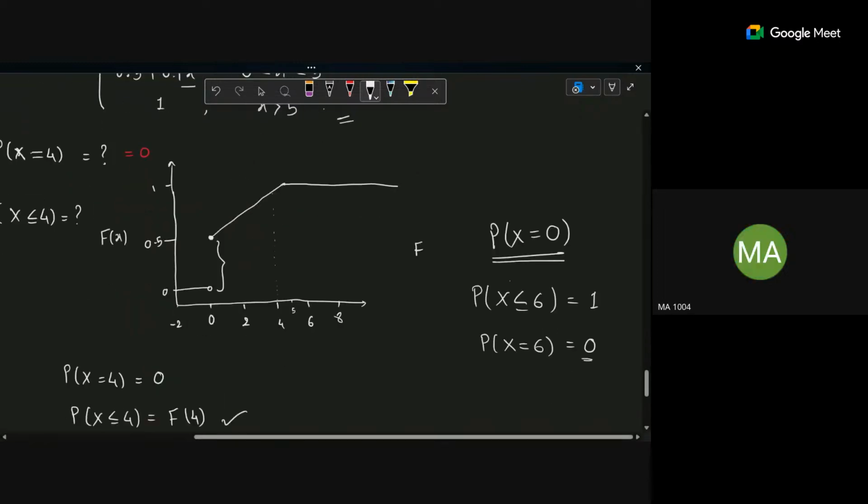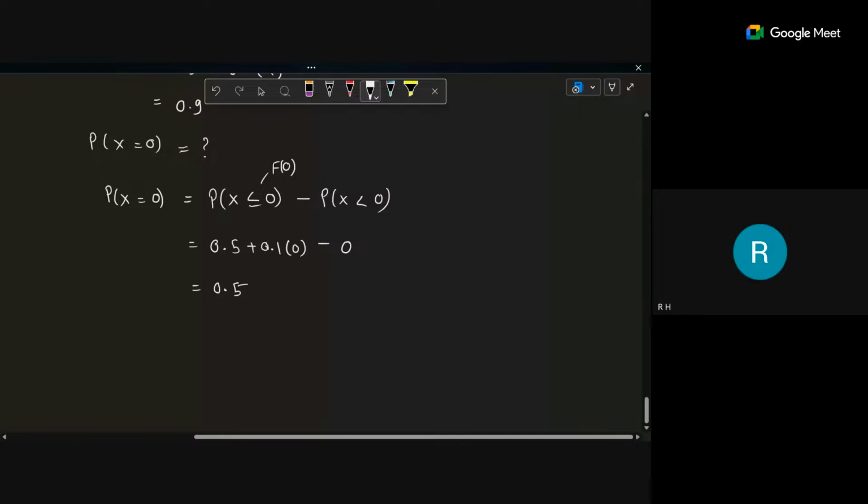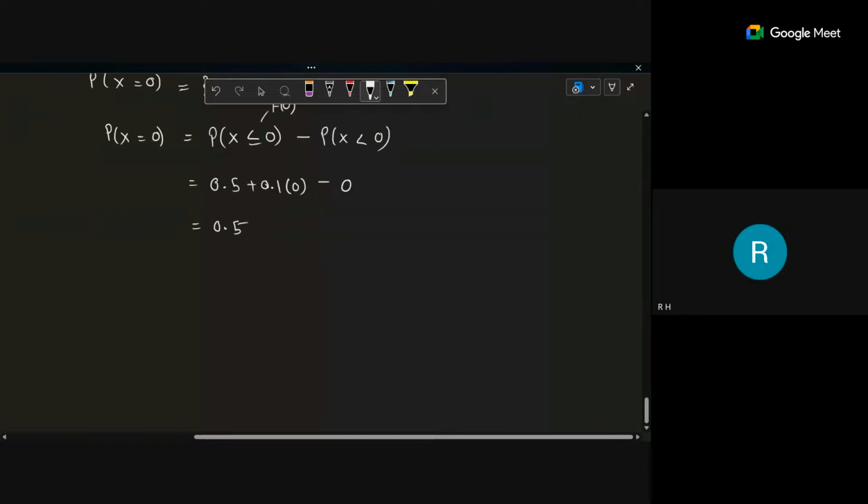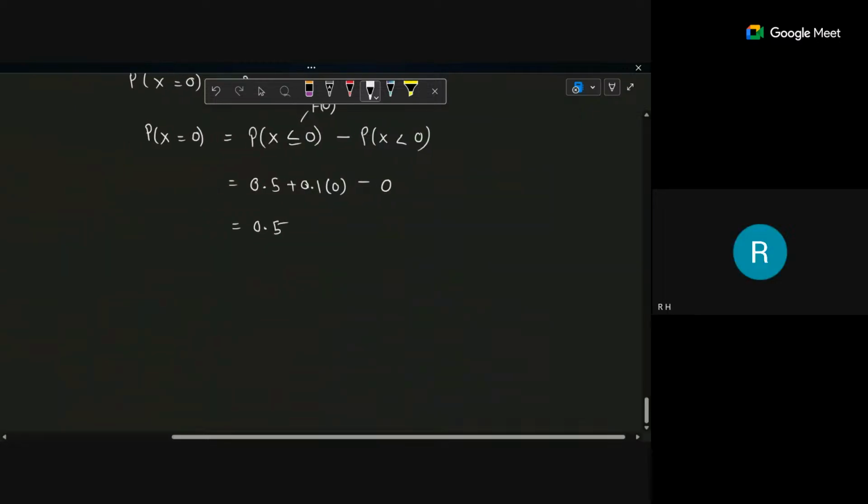One more question I want to ask. How will the probability at a particular point look? I mean, this probability x is equal to 0 is this one.